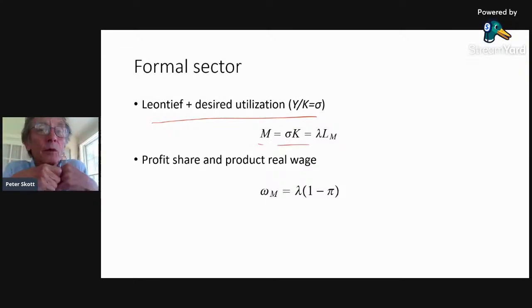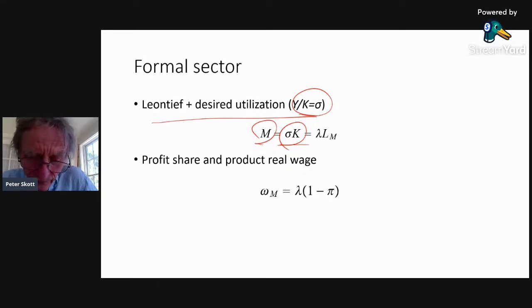So we have, if need be through policy, aggregate demand adjusting so that output is equal to sigma k, where sigma represents this output capital ratio at the desired utilization rate. And of course, that is equal to lambda times Lm, where Lm is employment in the modern sector, subscripts indicating sector, and lambda is the labor productivity.